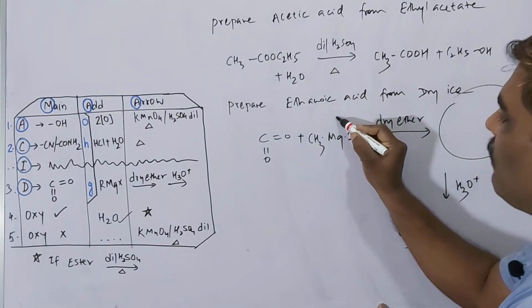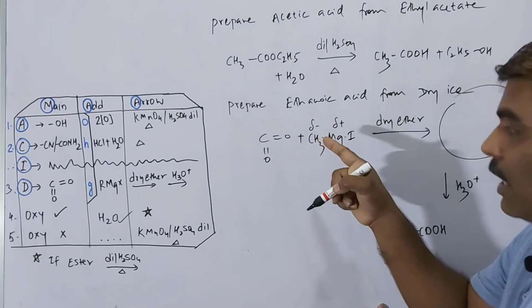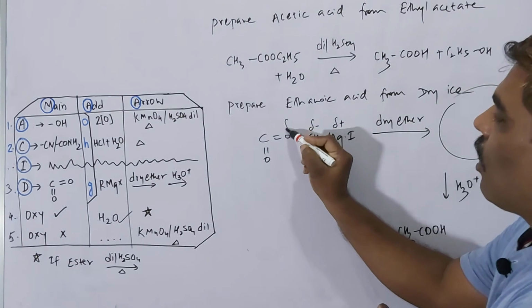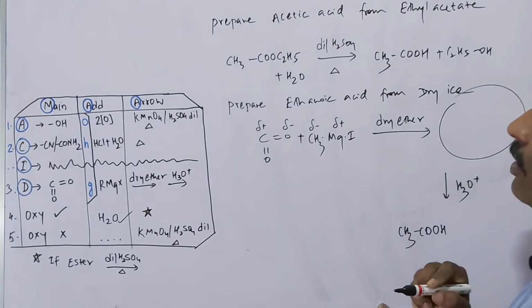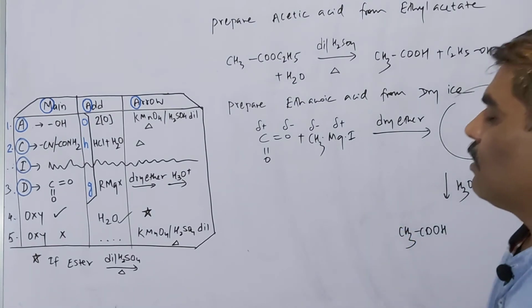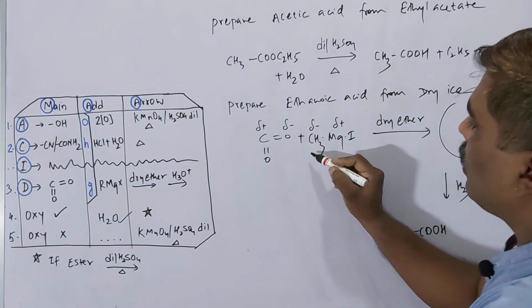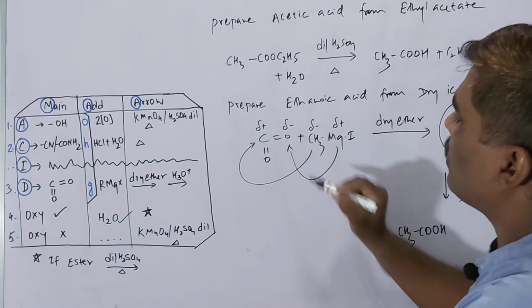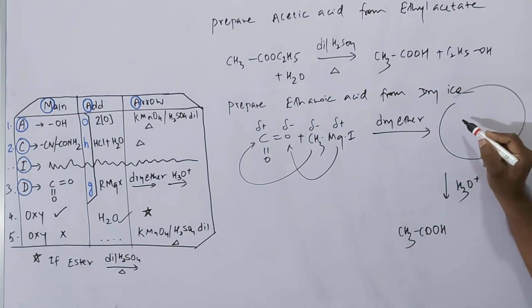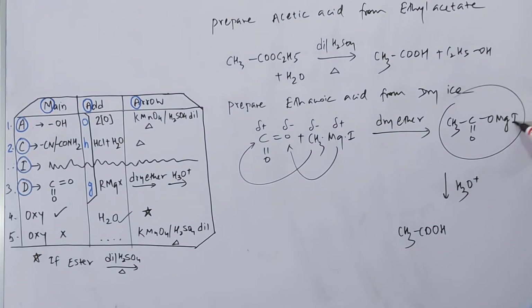As you know, this metal has a fractional positive charge and the other has a negative charge. Oxygen has negative charge, and this carbonyl carbon has a fractional positive charge. So the negative goes to this positive, and the positive goes to the negative. Here we are going to get CH3, then C double bond O and OMgI.